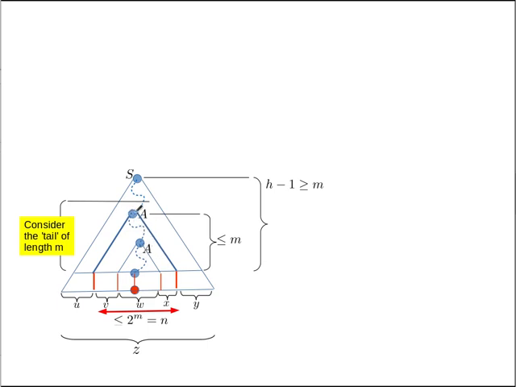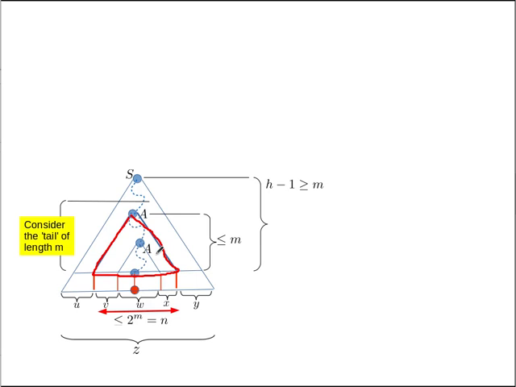If I consider this and take the height of this part, starting from here to here, the height is at most m, because this part is at most m, so the height of this part is just m.